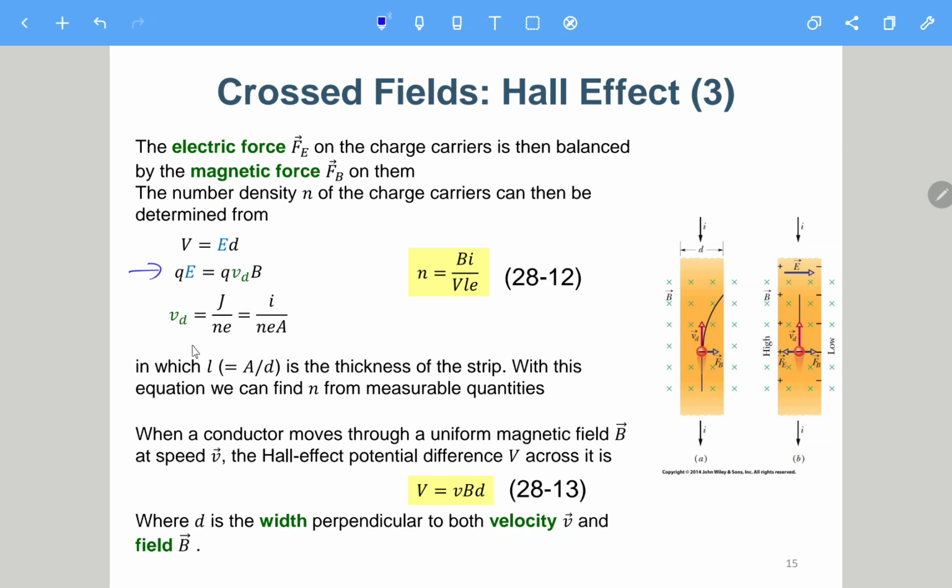Also, from the previous chapter, we have another formula, J equals nе times Vd. So we move over ne, and it becomes Vd equals J over ne.